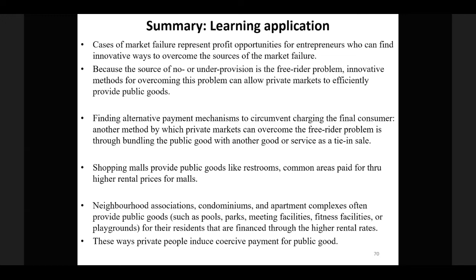But with the sale of computer software, with a manual attached to it, the computer or the software is a private good, but the manual is a public good, so it is tied in there, and now you pay for the computer or the software, you are paying for the manual as well. So those are some of the ways by which private entrepreneurs can outwit or find alternative payment mechanisms to circumvent the free rider problem or the inability to charge final consumers for public goods.